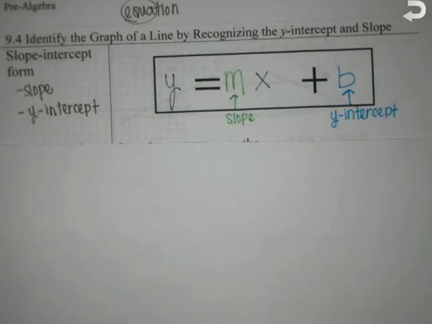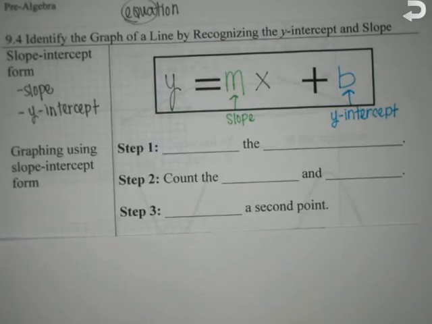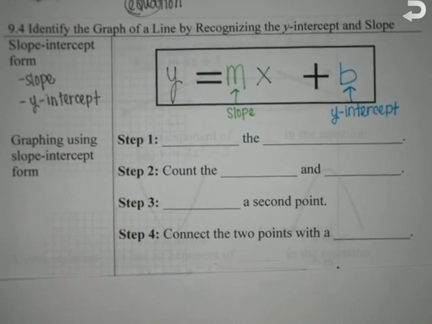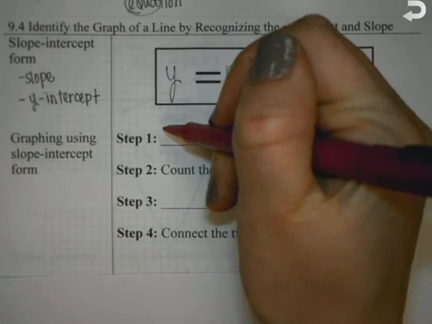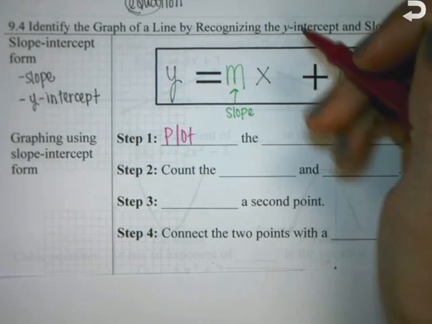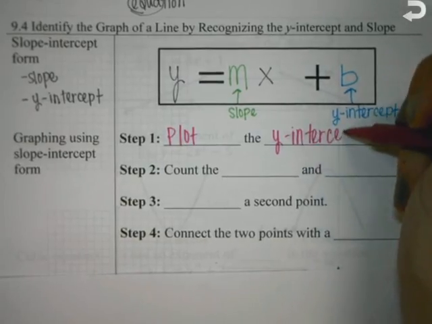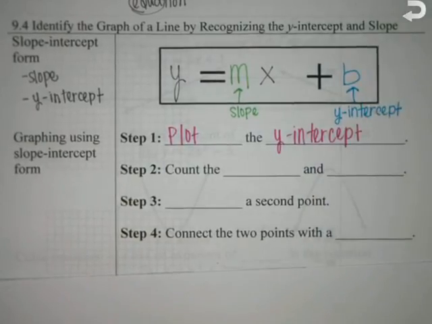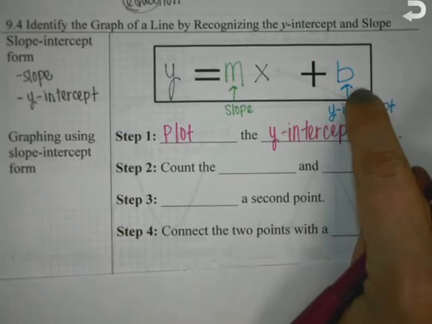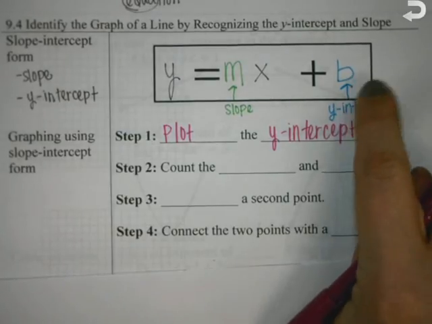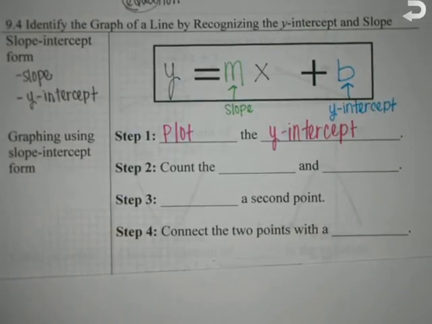So we have some steps to doing this. Step 1, we are going to plot the y-intercept. We're going to take that number that's being added or subtracted, and we're going to plot it. Now, because this is the y-intercept, do you think it's going to be on the y-axis or the x-axis? The y-axis. Good. So you're going to plot a point straight on the y-axis.